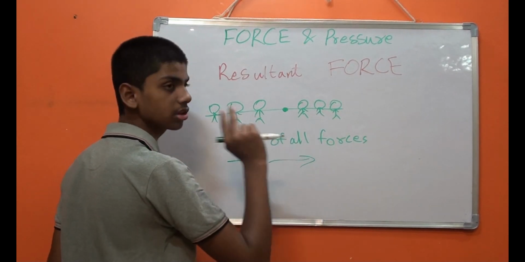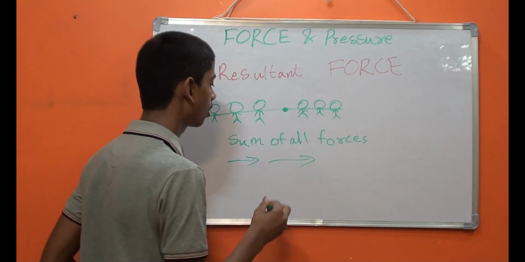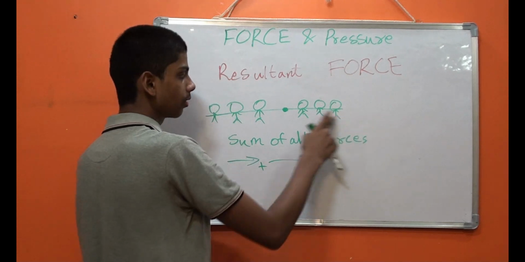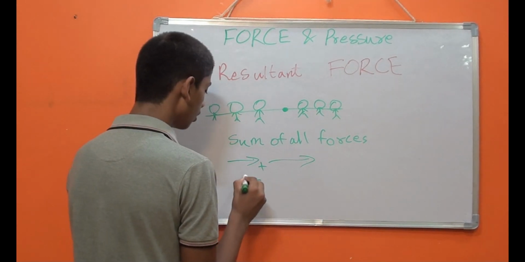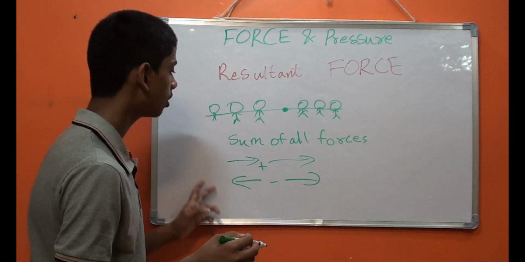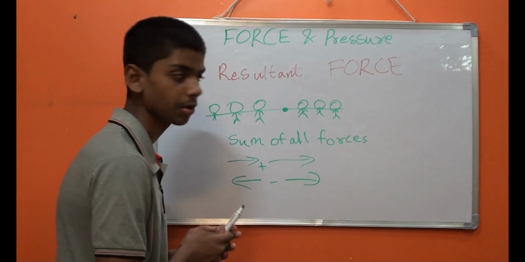Both are acting on the same side, then we add those two. Now if from this side they are pulling it to this side, and from this side they are pulling it to the other side, then we subtract. These are the two types where the resultant force must be added or subtracted.